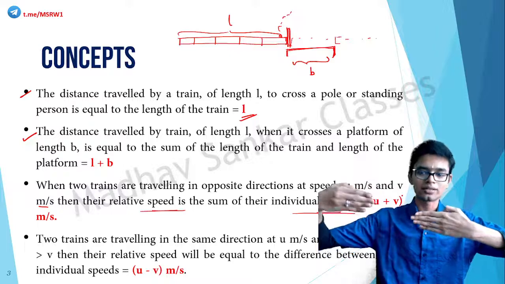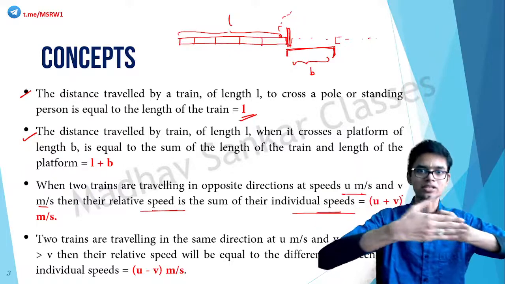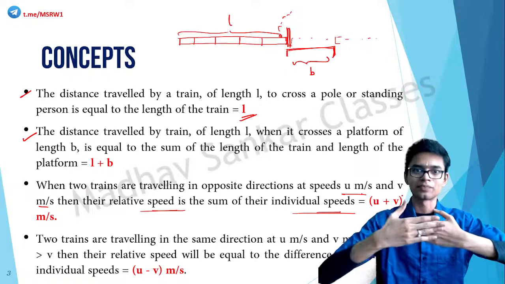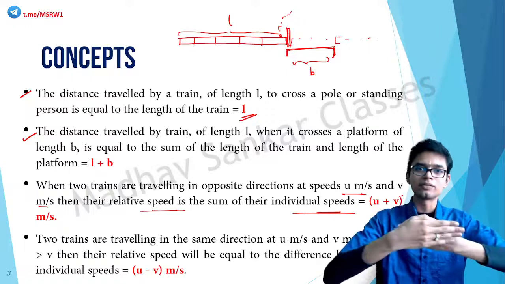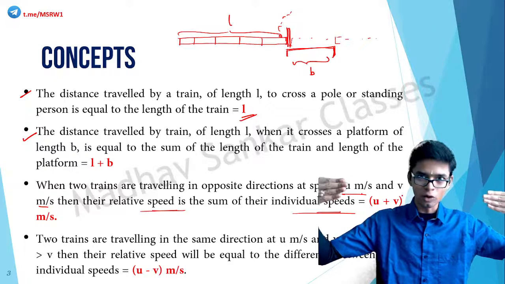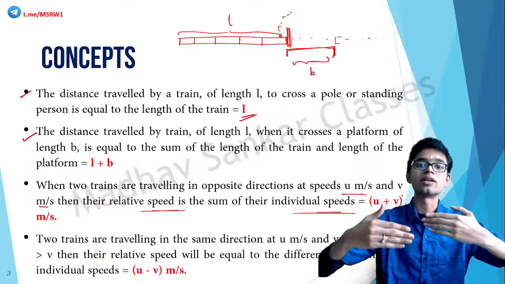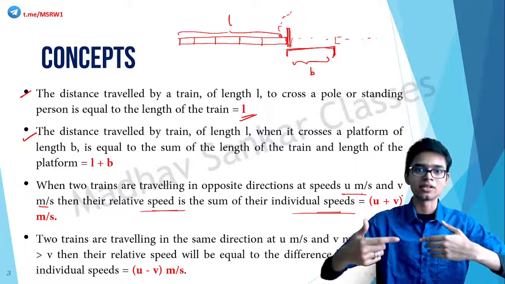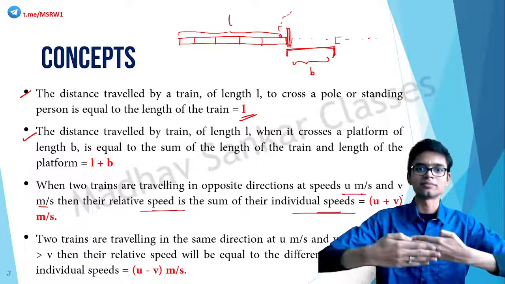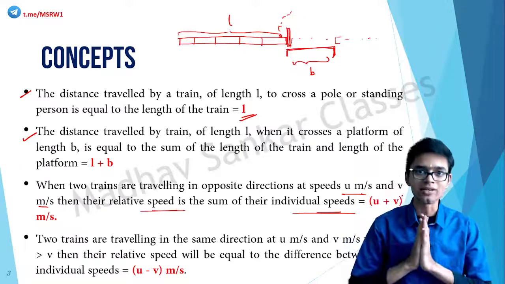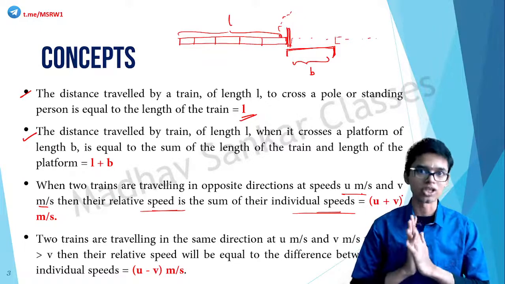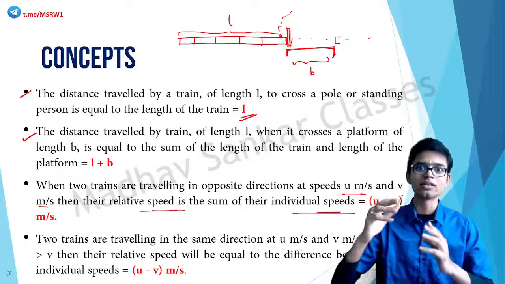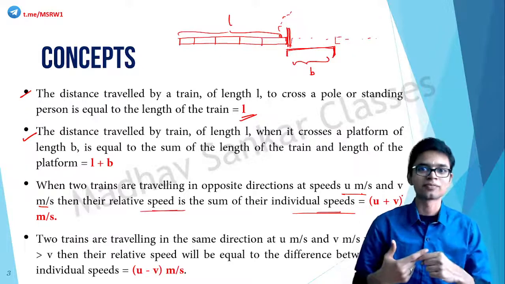The other train is traveling in the exact opposite direction, parallel to this train, at a speed of v meter per second. So what is the relative speed? When two bodies travel in opposite directions, the speeds add up. The individual speeds should be added to find the relative speed, so that is u plus v. That is why when you sit in a train on a journey, and suddenly a train passes from the opposite direction, it appears so fast.